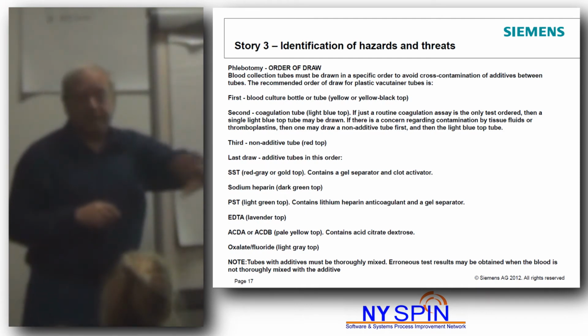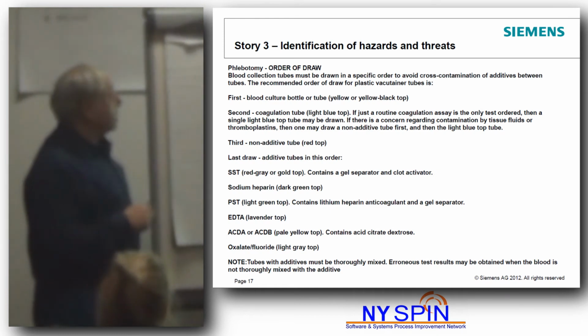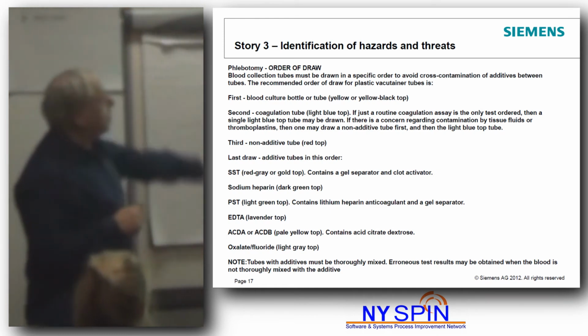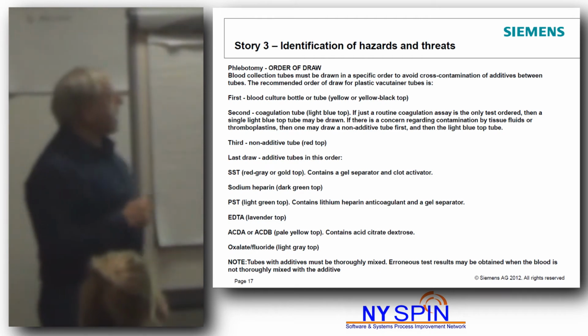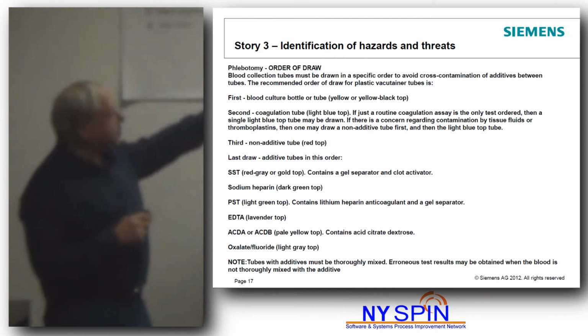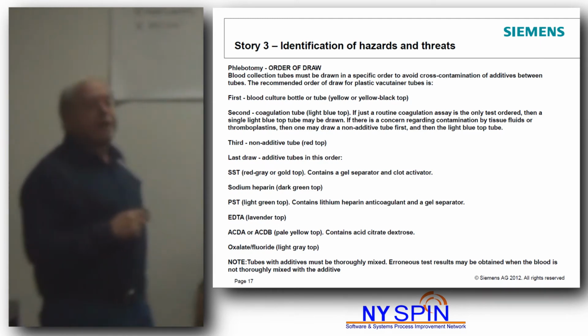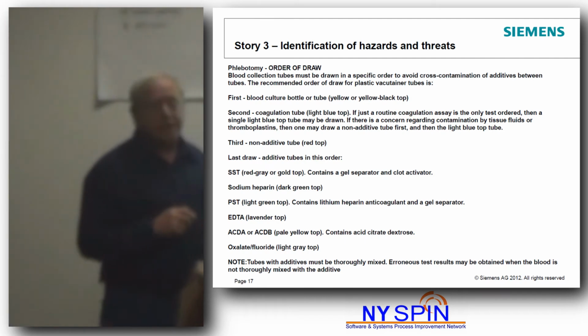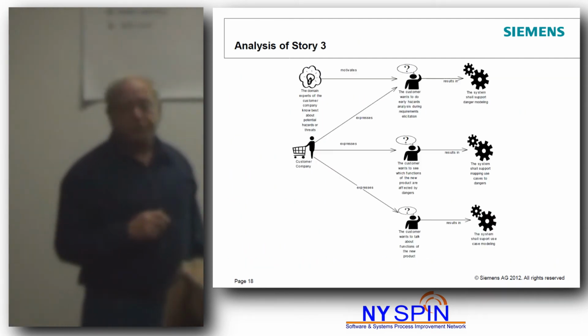You would do it after the fact. You have experts who do that. So here's an example of a phlebotomy process for drawing blood. You're going to collect it in tubes in a specific order to avoid cross-contamination, and it's all written down. That's very nice. And then sometimes you can't find the forest for the trees.